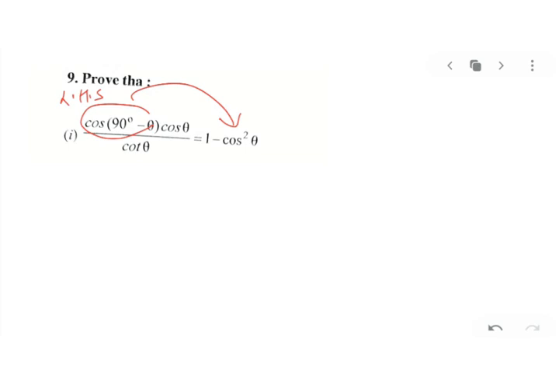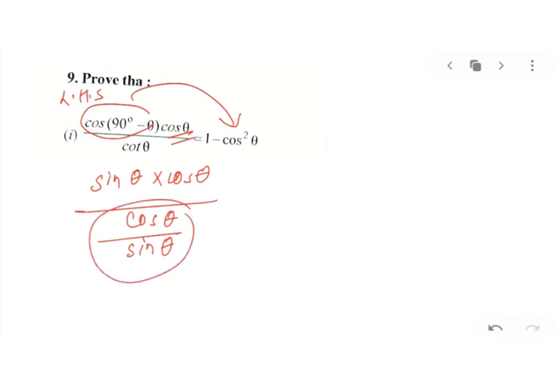Cos(90 minus theta), can I write sin theta, into this cos theta down, the remaining one, upon for cot theta, can I write cos theta upon sin theta? Got my point clear?